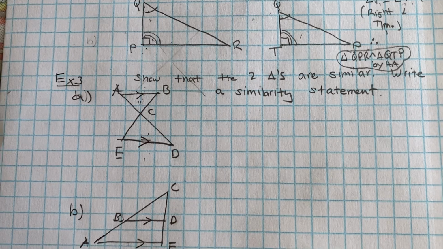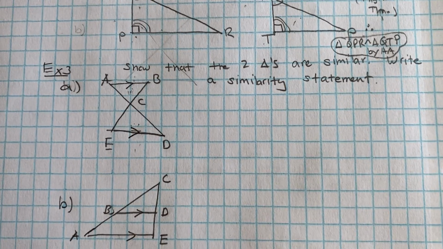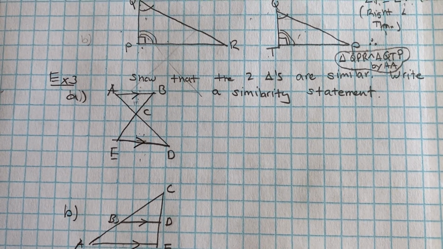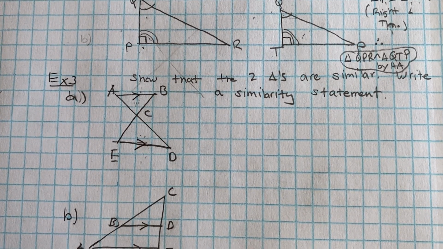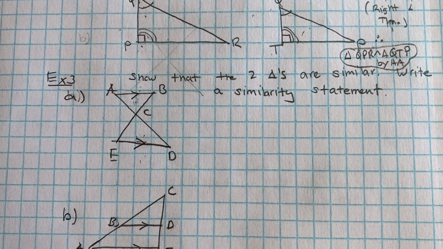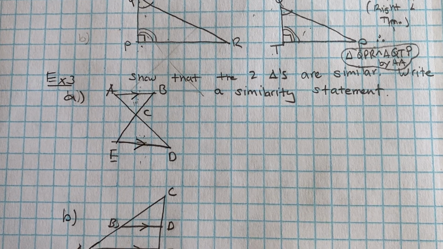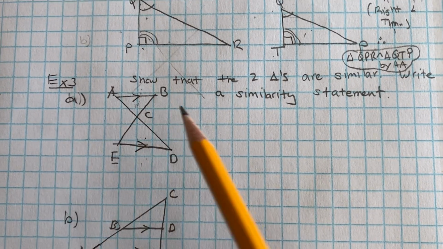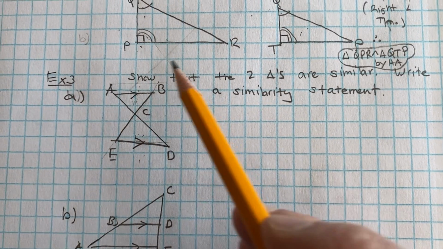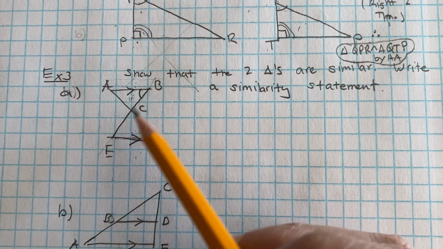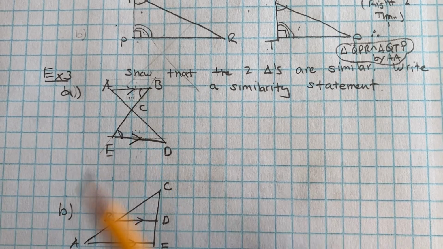And whenever you have parallel lines, you want to think about your parallel line theorems. And the one that's most commonly used, right, is the alternate interior angle theorem. Okay, so if you don't remember what that is, I would recommend that you look that up, or you can ask me later. So if this is my transversal, right, and I have two parallel lines, this angle right here has to be congruent to this angle right there.